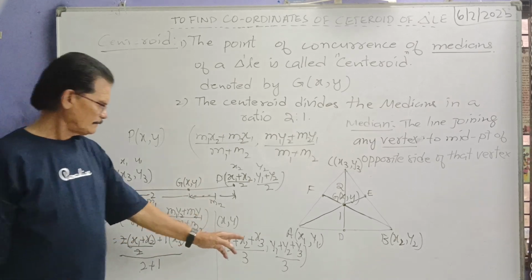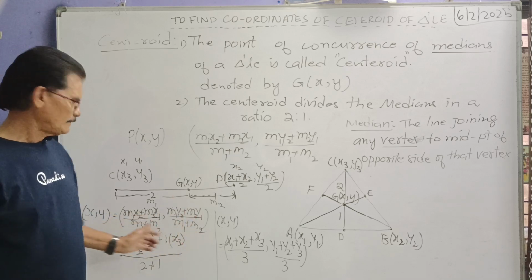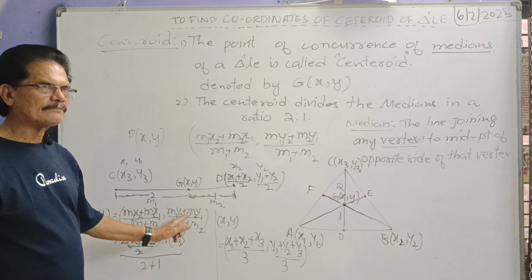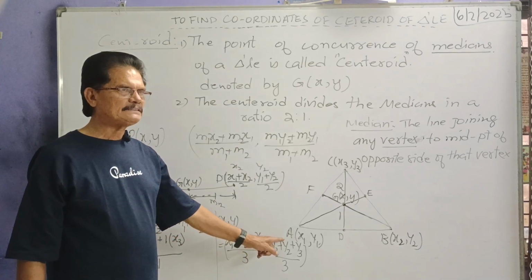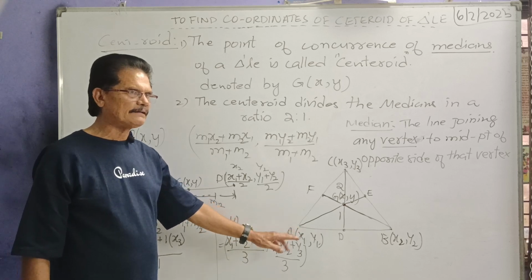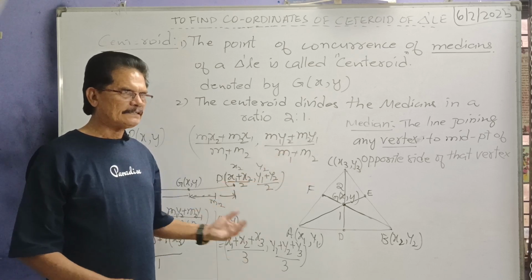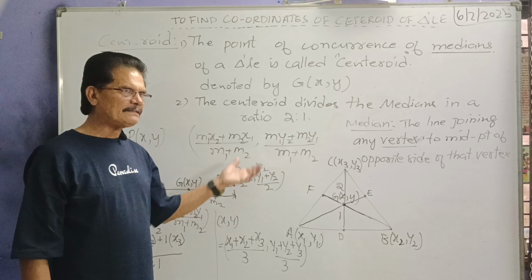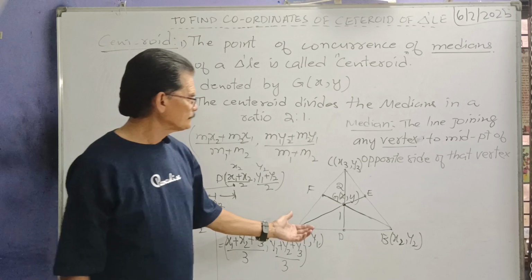Similarly, you will get the y part of the formula: y1 plus y2 plus y3 by 3. So you got the coordinates of the centroid. It resembles the midpoint.